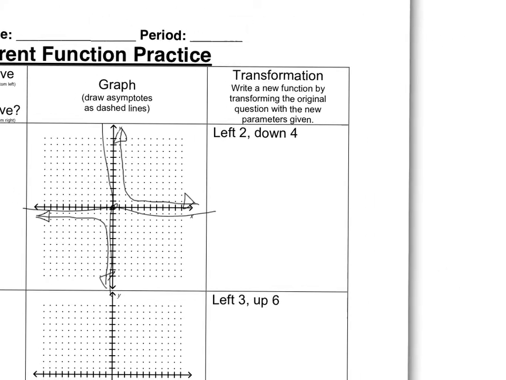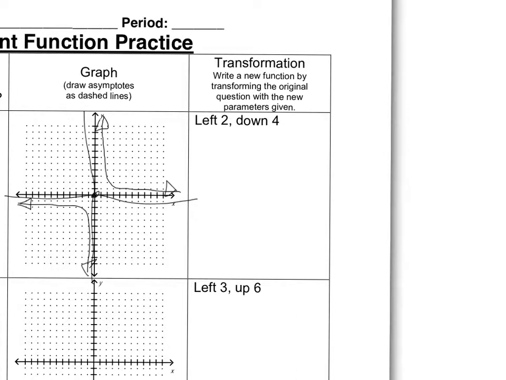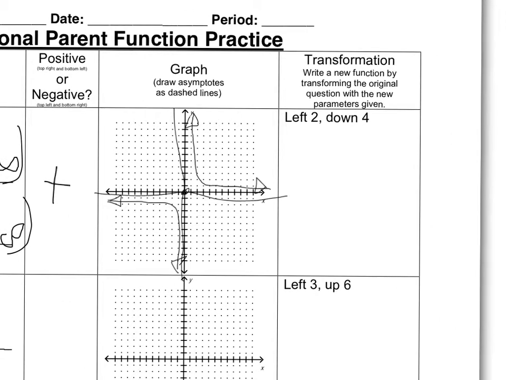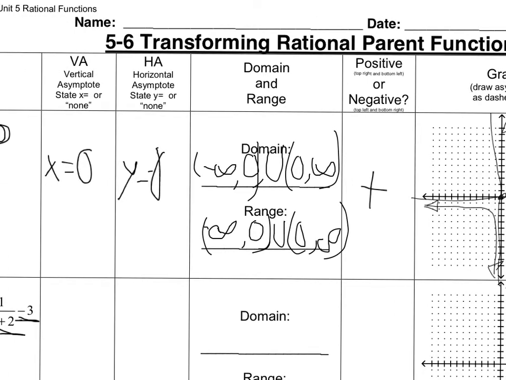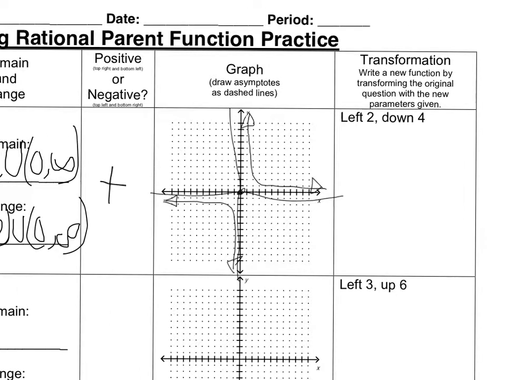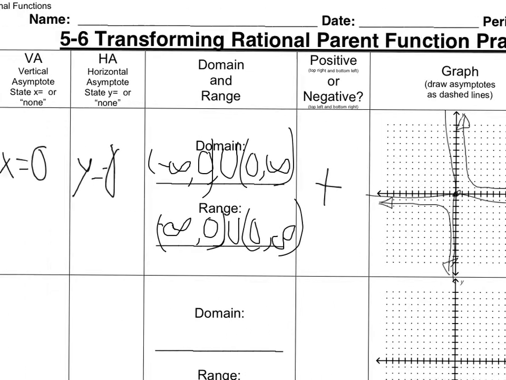And lastly, looking down here at the transformation, you're going to go left 2. Left or right affects your vertical asymptote, and up and down affects your horizontal.